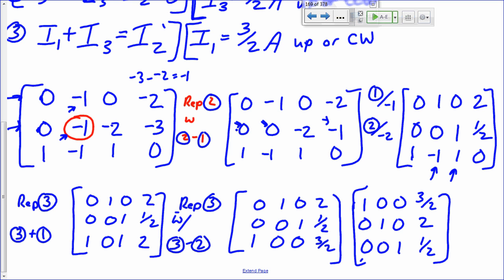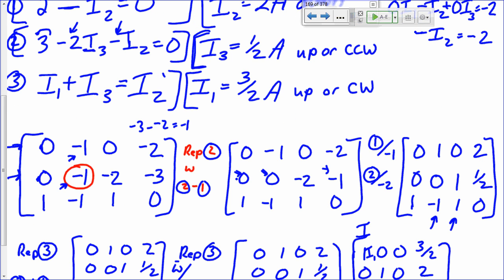So if you have extra time on the test, you can go back and try that. How do I correlate that with which one's I1? Oh, okay, so this first column is our I1 column. So this is like 1 times I1 plus 0 times I2 plus 0 times I3 equals 3/2. So I1 equals 3/2.